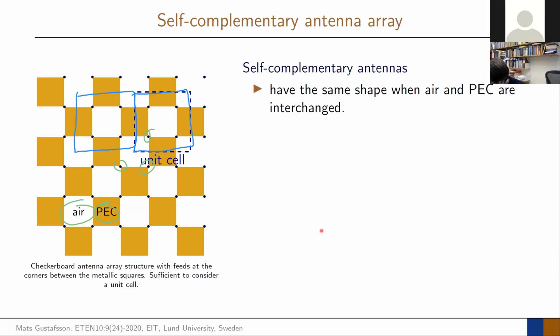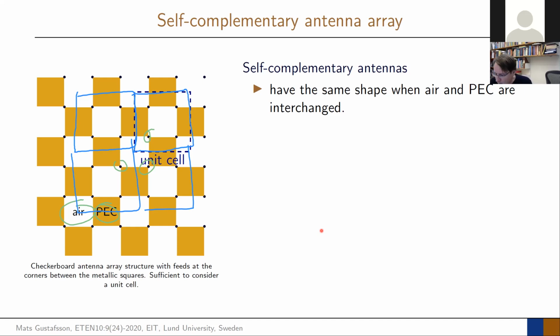So all of these elements here look the same. And now what I have to do is that all the feeds have only an amplitude and a phase, and the phase has to vary smoothly over the region here. So in some ways, direction of radiation in one direction. Then all of these are the same, which means I can study only one unit cell of this.